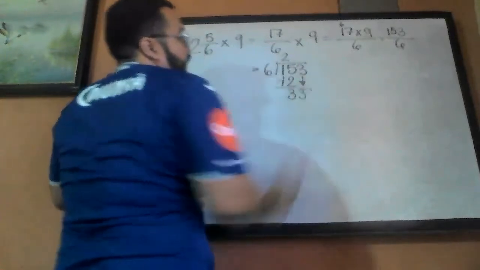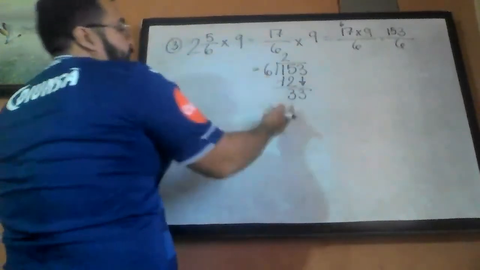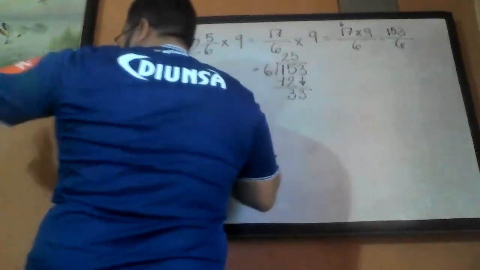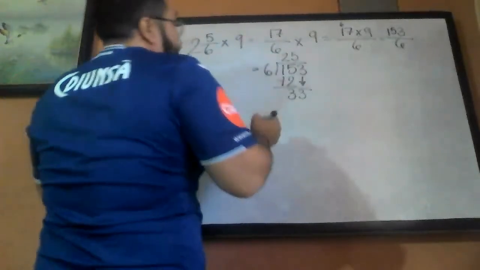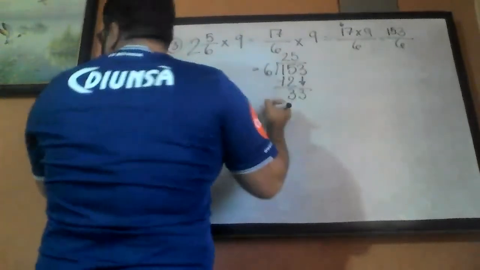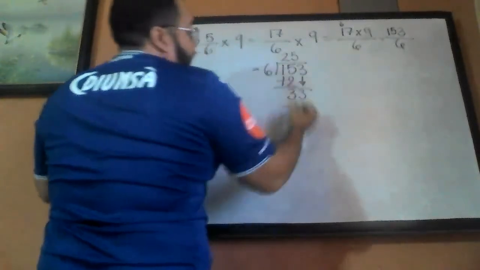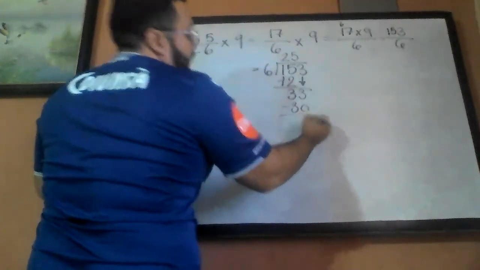Drop the 3. Now, one number in the table of 6 that equals 33 is 5. 6 times 5 equals 30. And 33 minus 30, 3.